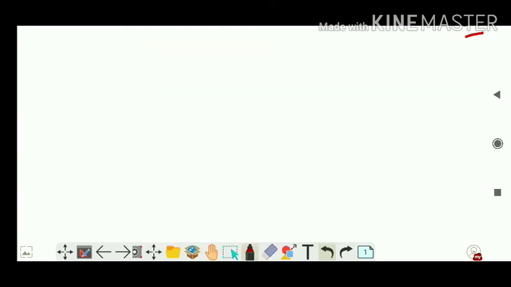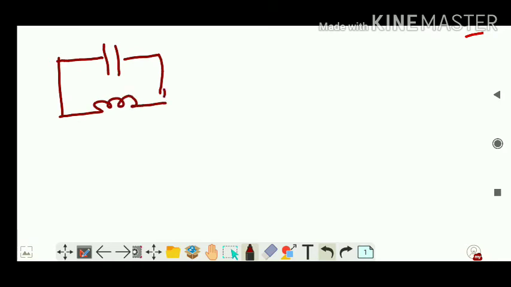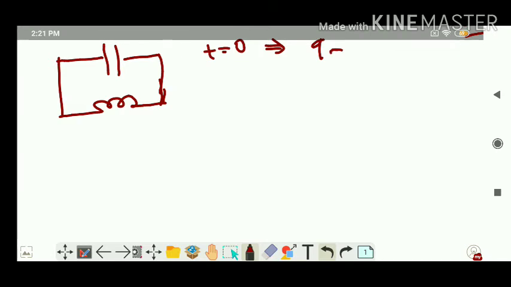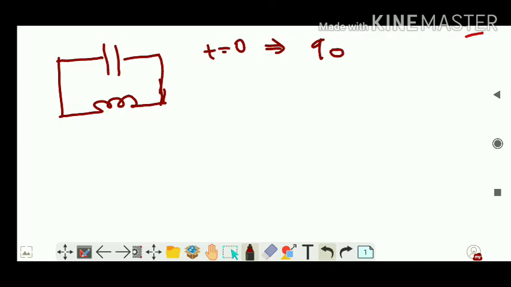Consider initially, suppose at t equal to 0, this is our circuit. Suppose we have charged the capacitor to the full charge, such that now the charge of the capacitor is Q0. This is the maximum value. After that, this capacitor is connected as the figure is showing.